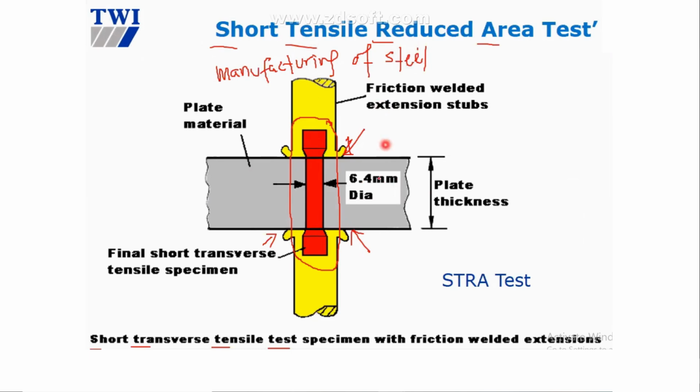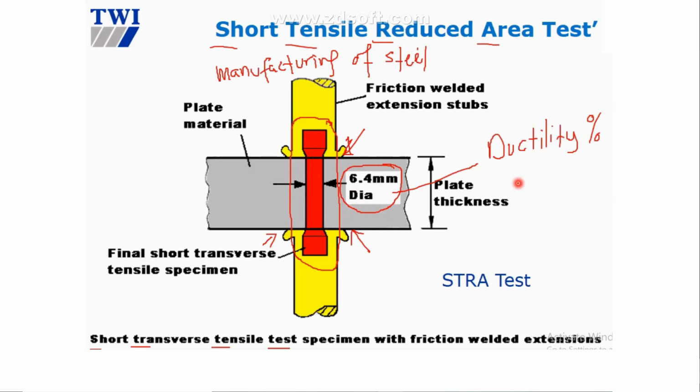Remember in this STRA, they measure diameter before and after in order to get percentage. Remember this. So ductility percentage is from the diameter of the specimen. Before and after, they compare how many percent. Not from the length, it's from the diameter of the specimen in order to get ductility. In this theory, CSWIP, there are two ductility percentages we can get.